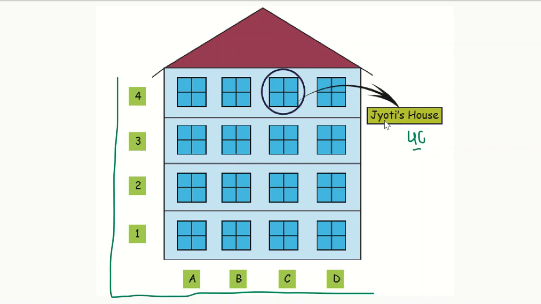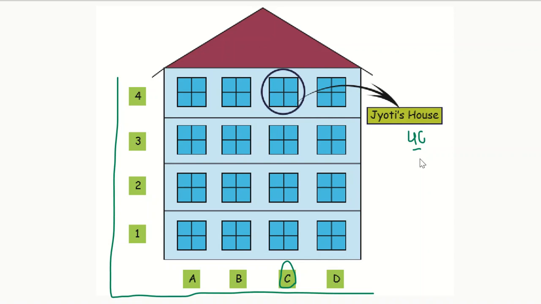So for example, if I say that 4C is Jyoti's house, then how can we find this house? Jyoti is saying that she is living in 4C. In 4C, the 4 tells us about the floor, and C tells us about the house number. This C is the house number, and this C is the house number on each and every floor.